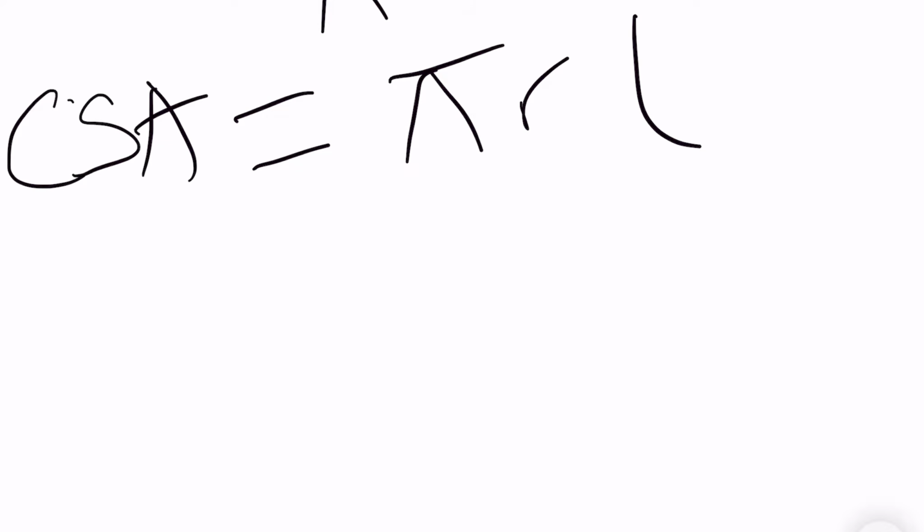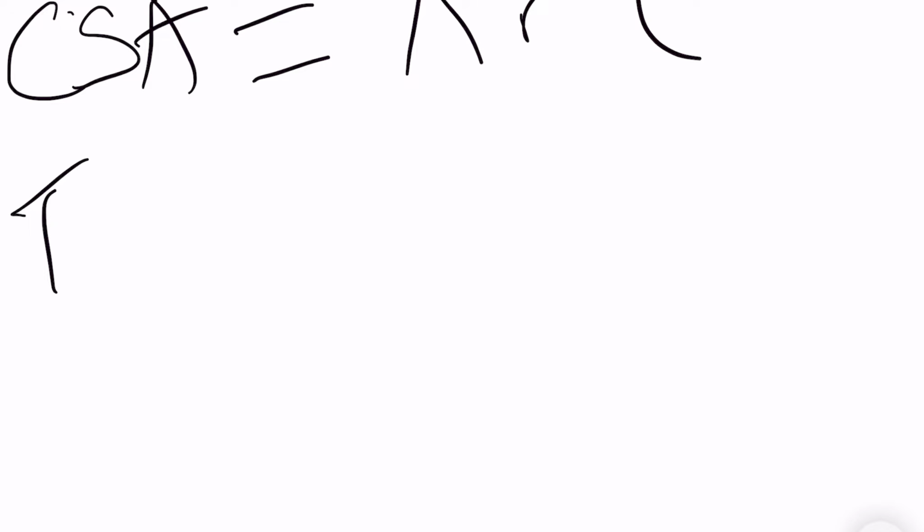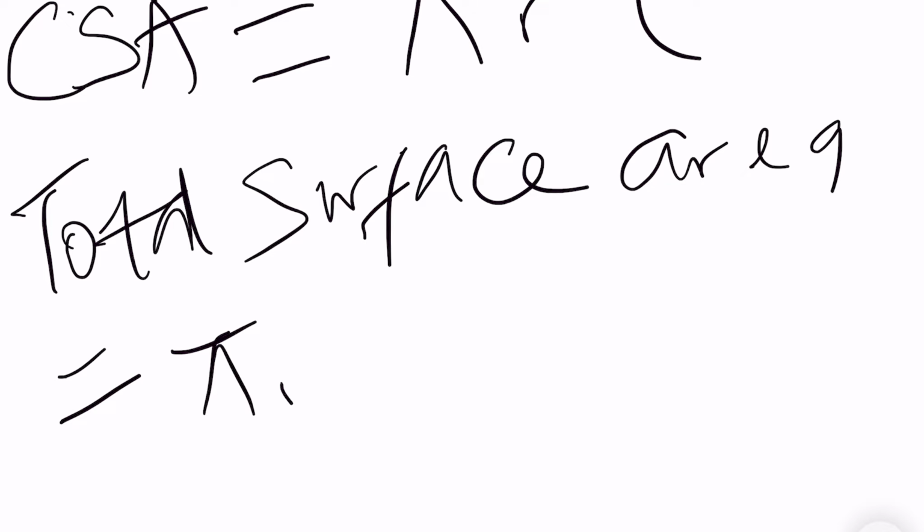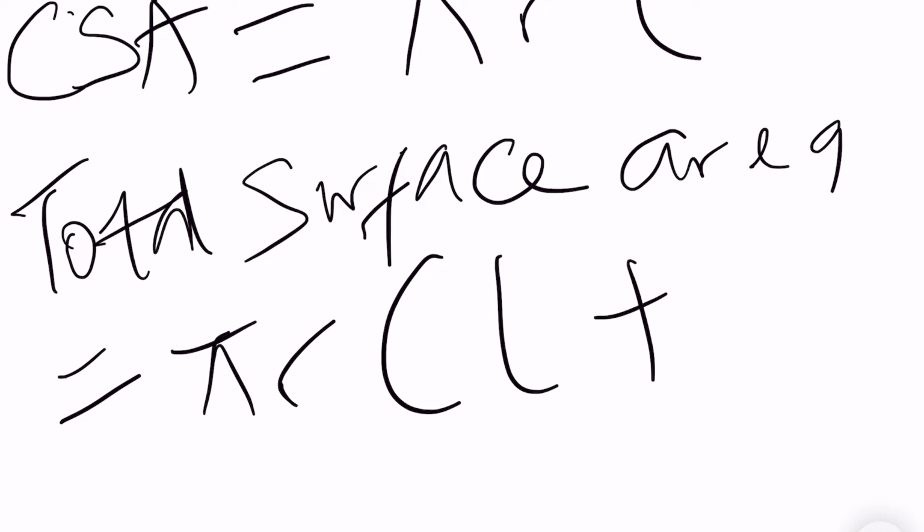Now for the total surface area, we have pi R into bracket L plus R, where L is the slant height, R is the radius, and pi is a constant.